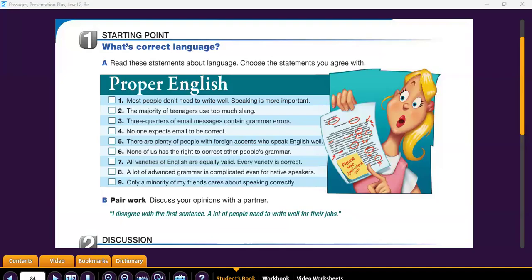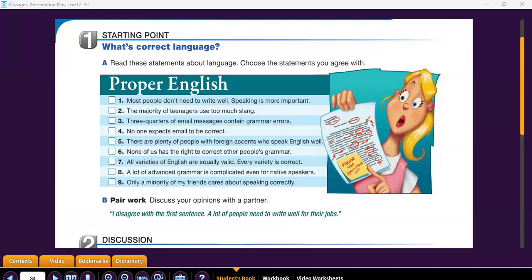Okay. A lot of advanced grammar is complicated even for native speakers. Agree or disagree? Agree, because in Spanish, I don't remember every topic that I saw in high school about language. So I think it's the same.